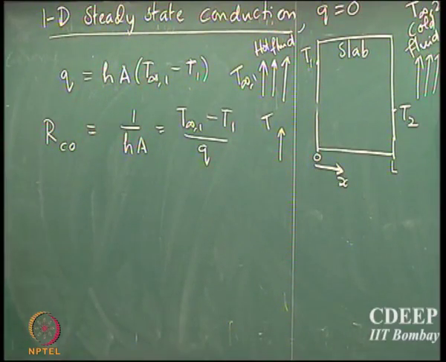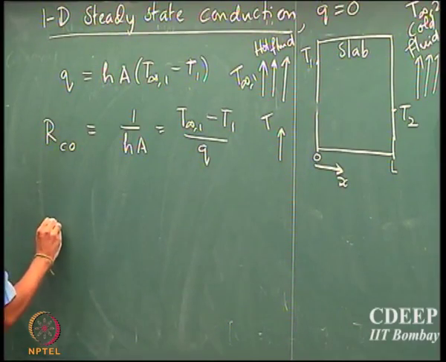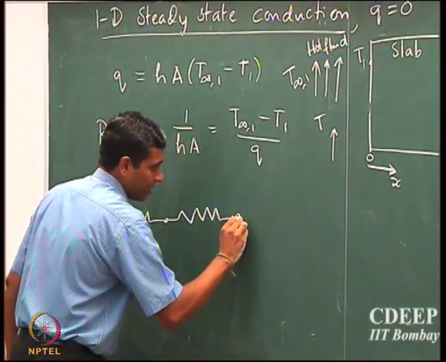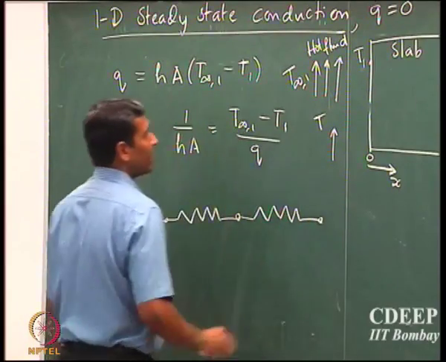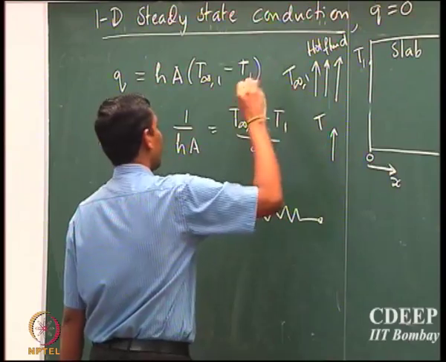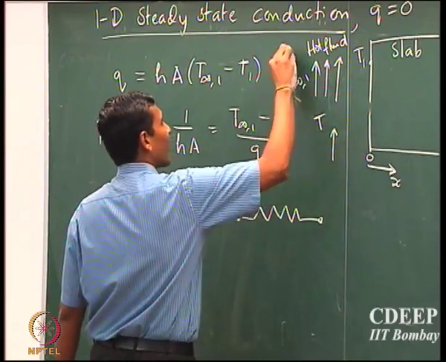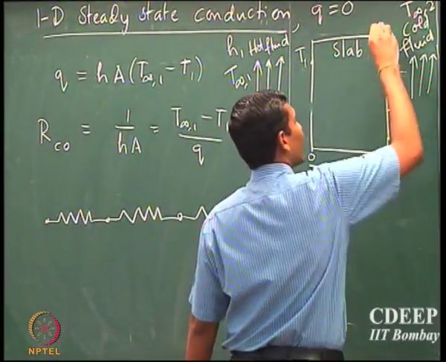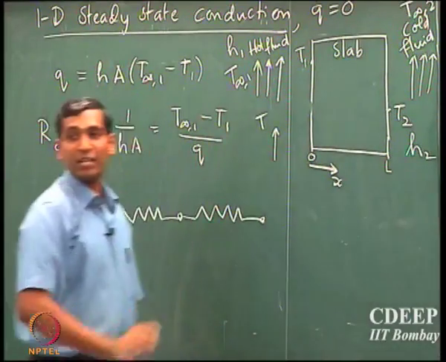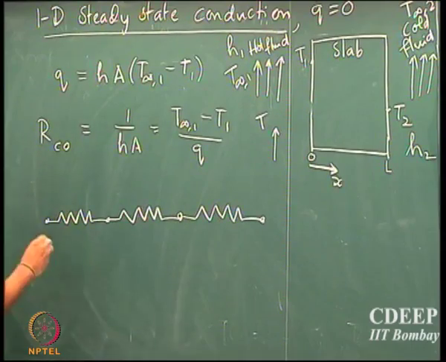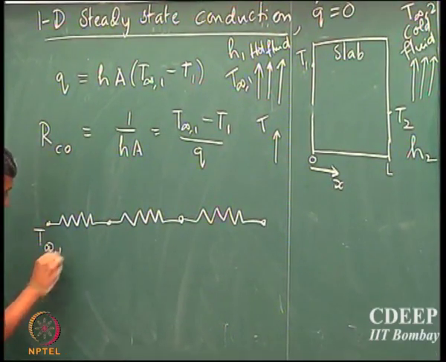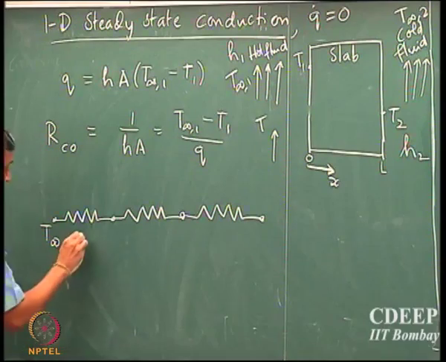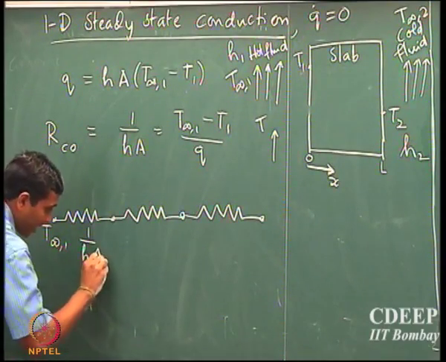Okay. All right. So now we can extend this resistance network into 3 resistances. Supposing the heat transport coefficient from the hot fluid to the slab is H1, and from the slab to the cold fluid is H2. Then the temperature of the hot fluid is T infinity 1, and the resistance offered for heat transport is 1 by H1A.